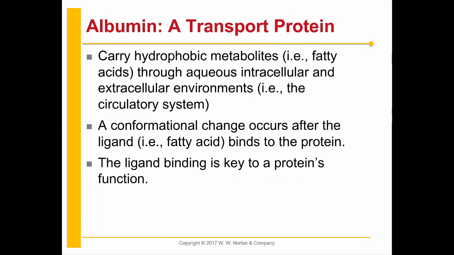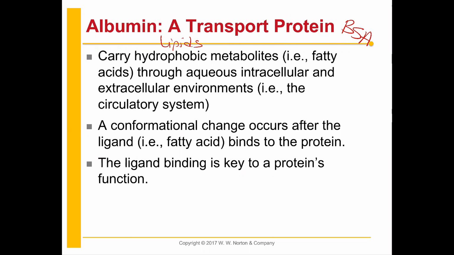And so the albumin transports lipids, hydrophobic molecules. We actually used this protein in lab, BSA, bovine serum albumin. So it's found in the serum of the blood, and it transports fatty acids throughout the circulatory system, right?